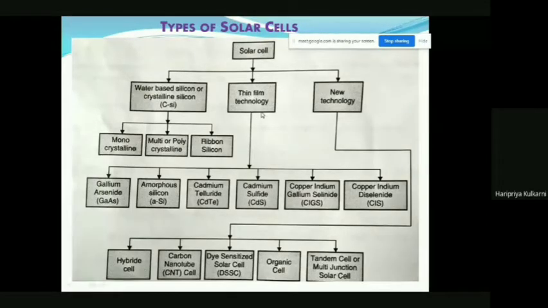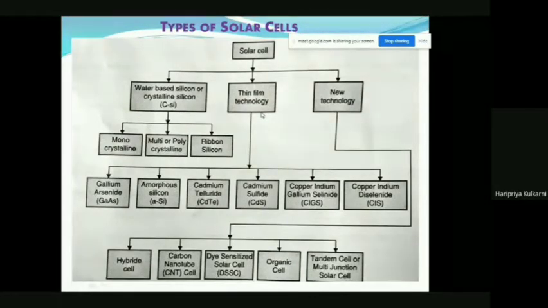In cold countries, they always need heating. So for that purpose, they make the wall of a building, east and west generally, or the rooftop as well, with a solar sensitive coating on the building wall itself, so that they can continuously use the solar power for some of the applications.